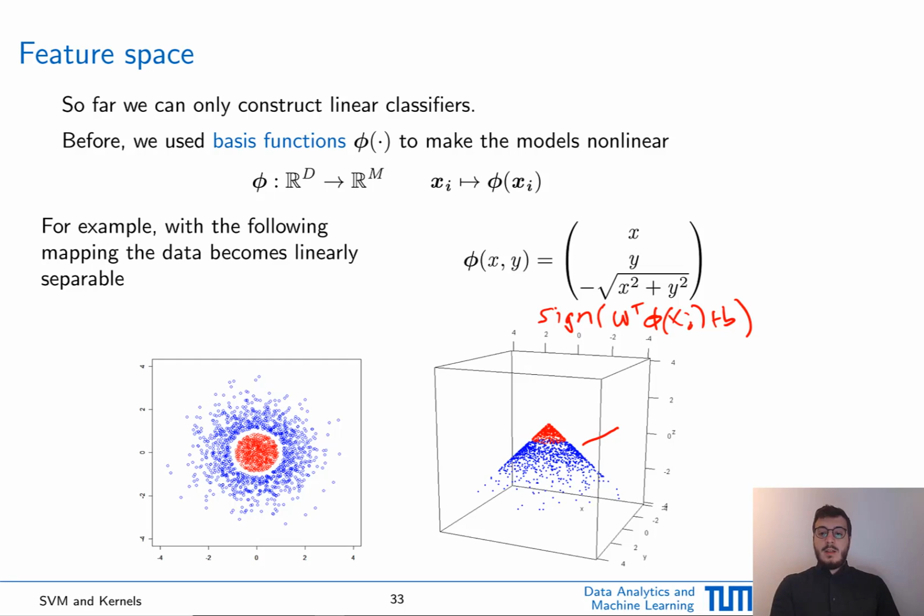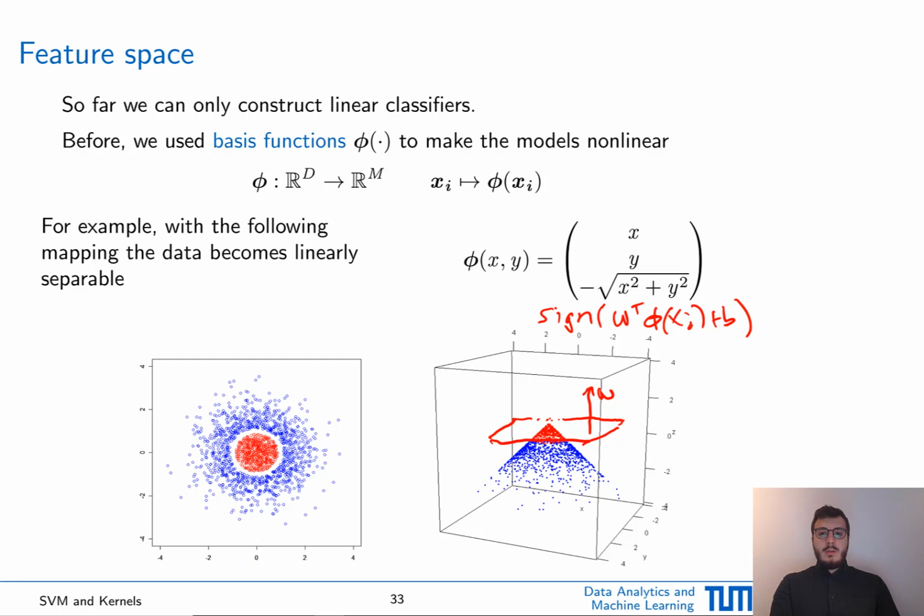Now we see that the classifier is still linear, but it's now linear in this new feature space. We can imagine that in this new feature space, we have a hyperplane, which we can draw something like this. And the weight vector W, as always, is normal to the hyperplane.